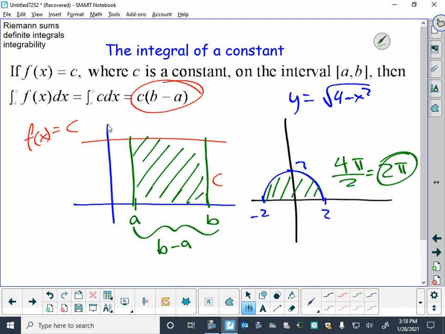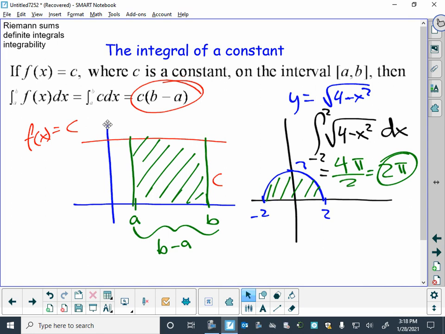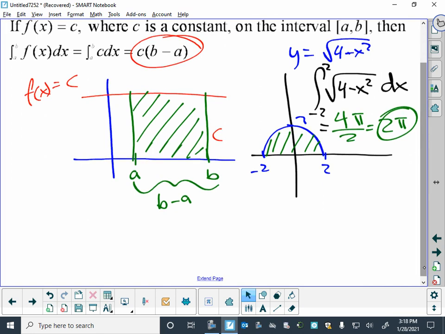So if I was asked to do the definite integral from negative 2 to 2 of the square root of 4 minus x squared dx, I can say that answer is 2 pi, because of the geometry of the situation.